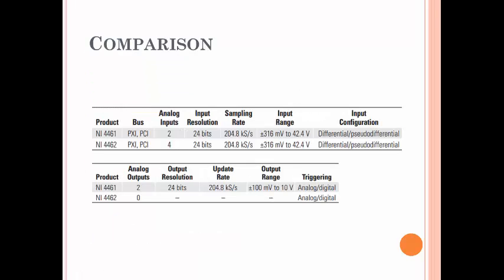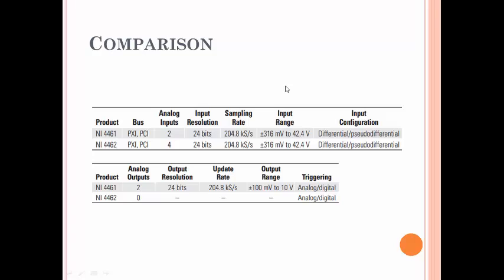Now, I said before that there are two variants in these, that's the 4461 and the 4462. So what's the actual difference between these? Predominantly most of the features resemble the same, but the 4461 has two analog inputs compared to the 4462 which has four, and the 4461 has two analog outputs whereas its variant the 4462 has none.